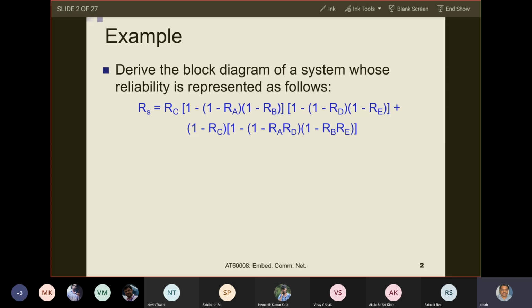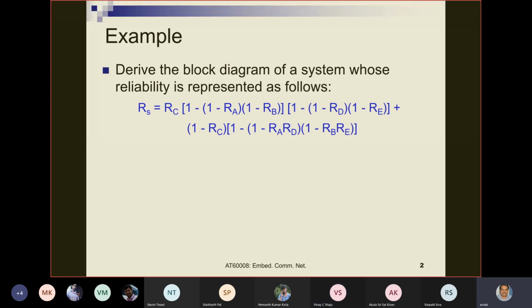So then what was the argument based on which we determined the effective reliability? What were the steps? For parallel, everything has to fail together for it to be non-reliable, and for series, at least one should fail. Right. So for parallel, we first find out the probability of each component failing.